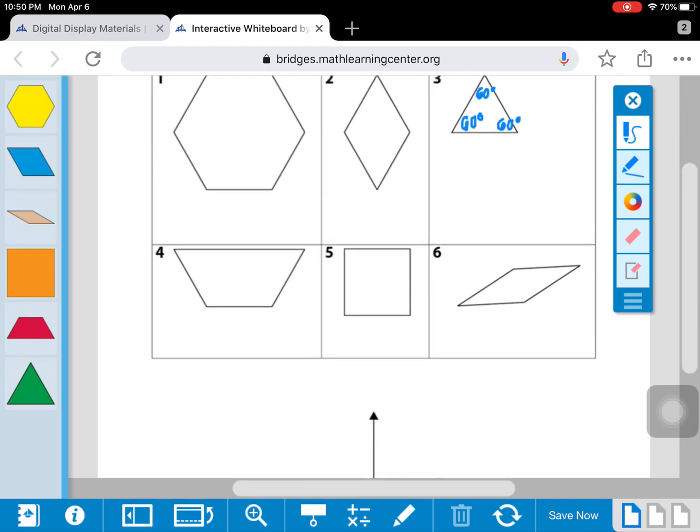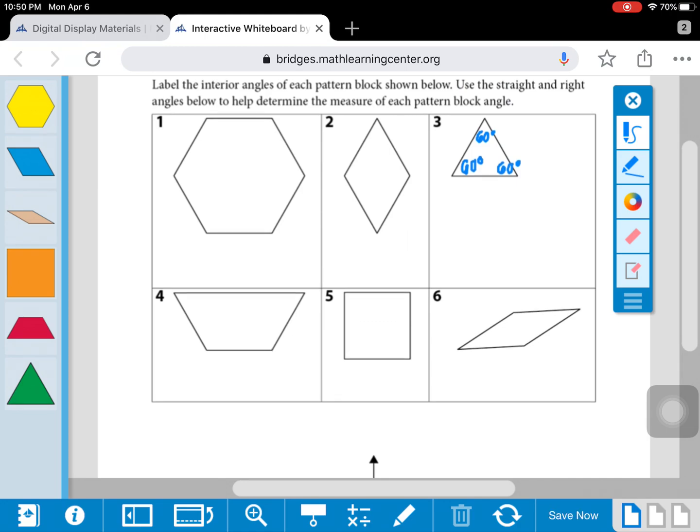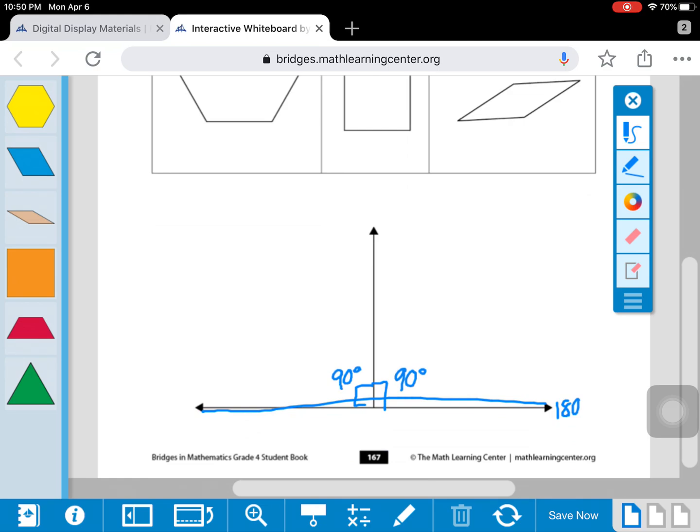So the next thing I'm going to do, which I think would be easiest for me, is number 5, which is the square. If you were to predict, what do you think this is going to equal? I'm going to drag my square over here. Does it match up perfectly? I would say so.